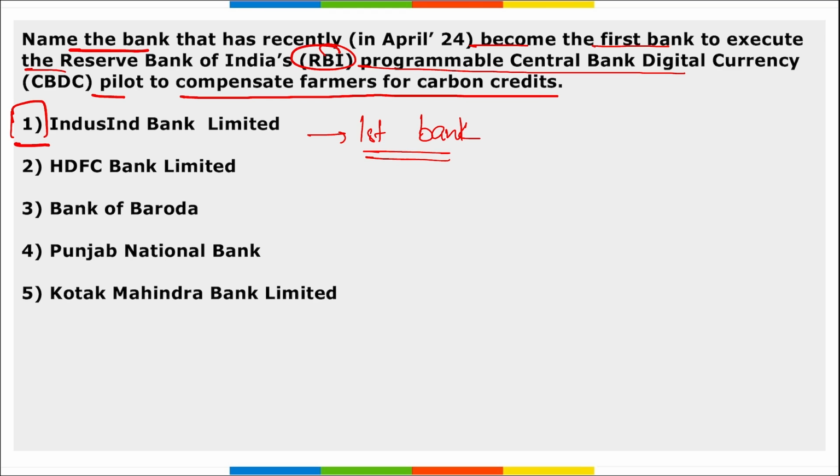And as a part of this pilot, IndusInd Bank will initiate a programmable CBDC disbursement to 50 farmers in Ratnagiri district of Maharashtra, and plans to cover 1000 farmers. So this question can also be asked in this way: for this pilot project, which district was selected, and in which district were 50 farmers selected? It is Ratnagiri district of Maharashtra.